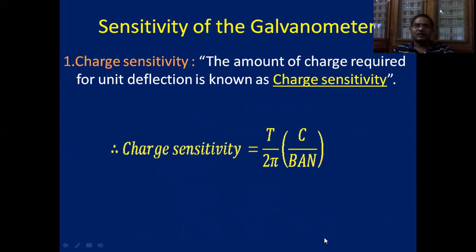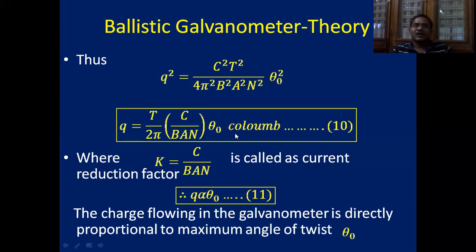Now, here we talk about the sensitivity of the galvanometer. That is of two types. One is charge sensitivity. The second one is current sensitivity. So, charge sensitivity is the amount of charge required for unit deflection. We have the formula for Q equal to T by 2 pi, C by B A N, theta naught.